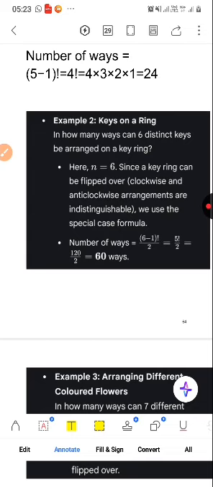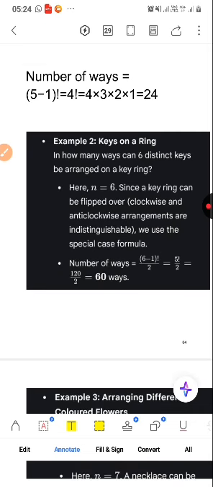So permutation is about the order of arrangement. There's going to be a different permutation when people around a table undergo rotation. If one person undergoes a clockwise rotation, there will be a different permutation. And if that same person undergoes a counterclockwise rotation, there will also be another permutation. So you realize that it's not the same.